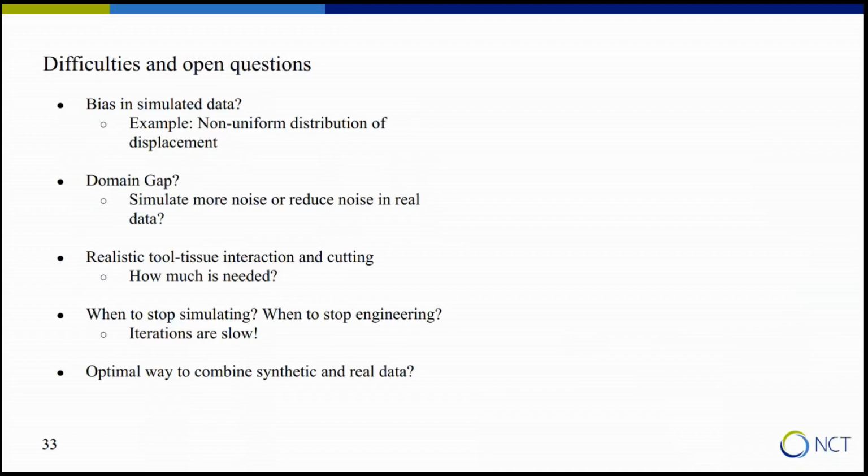We have a few open questions still in our group, things that we're looking into that we can't answer yet. For example, there's some bias in our simulated data. A lot of times, with these random scenes, you tend to get samples where you have very little deformation, and only few samples with a lot of deformation, just because of the way things are set up, and because scenes with lots of deformation are also those which tend to not converge, or which tend to explode because the force was too large, for example.